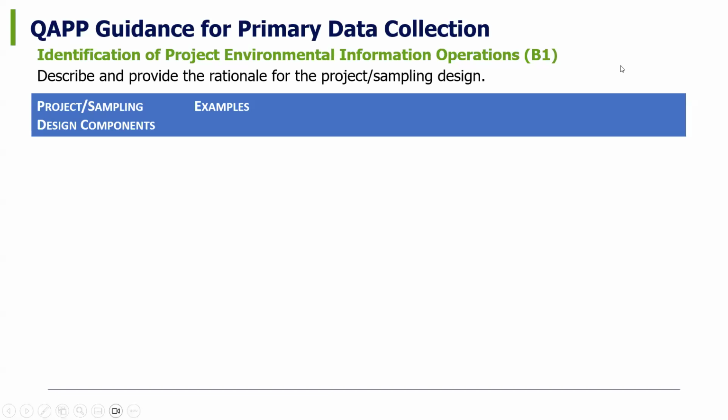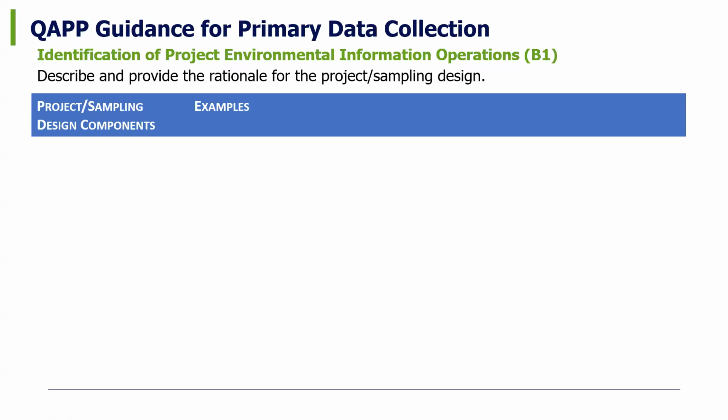Now we're going to move into the next section that tends to be a bit of a hang-up. This is section B in the QAPP, the identification of project environmental information operations. This is where you outline your sample design and the rationale for that sample design.